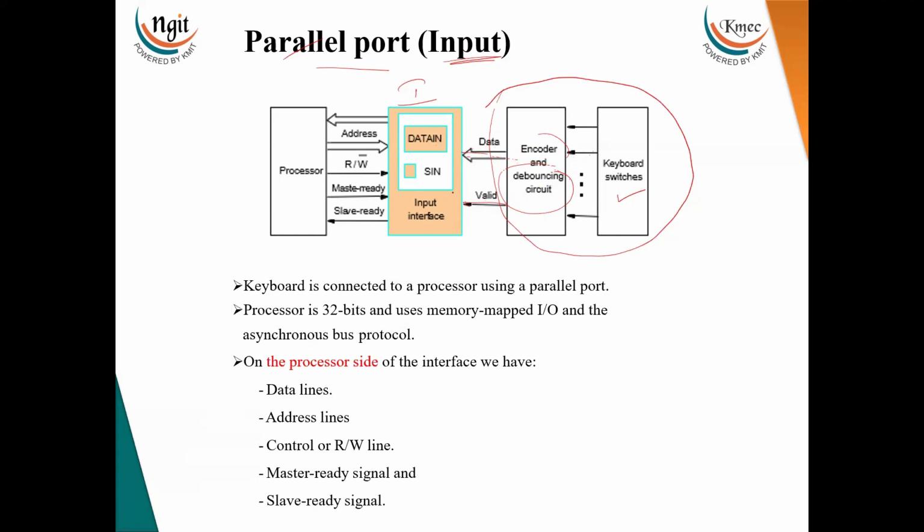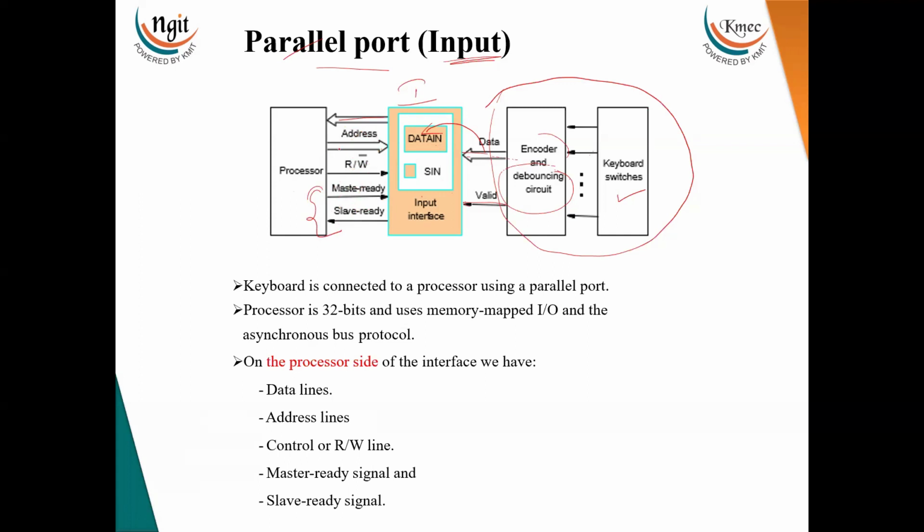Both are received by the interface, and the data is placed into the data in register. Between the processor and interface, there is a data bus, an address bus, and a control bus. In the control bus, we place the read or write command, master ready and slave ready. These are the control and timing signals.